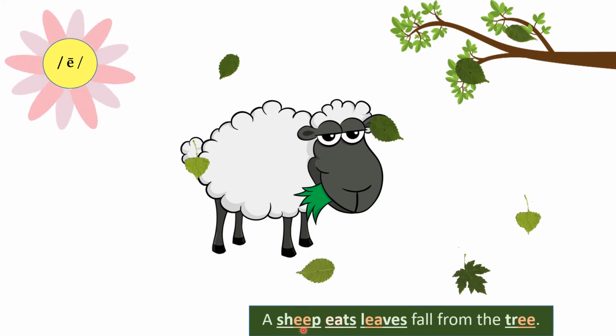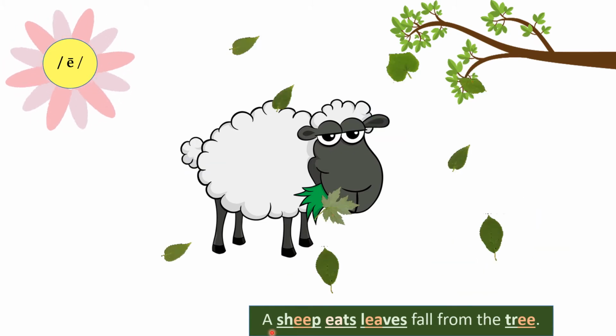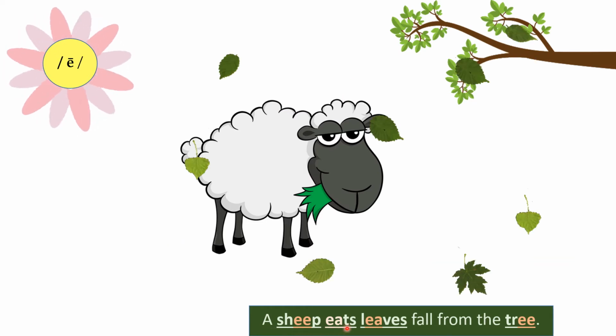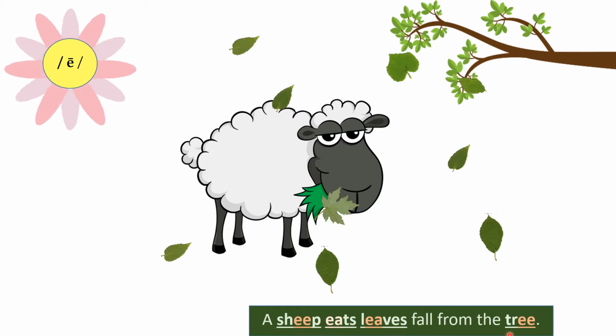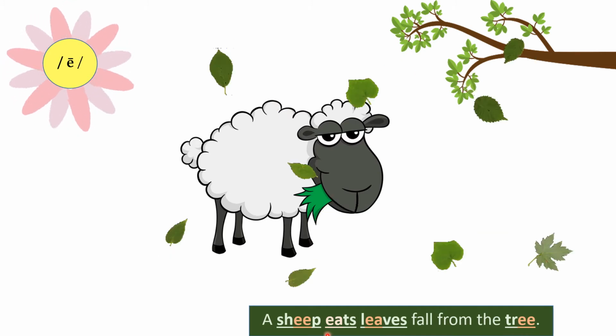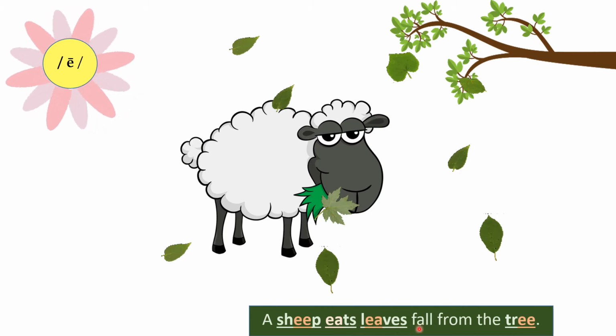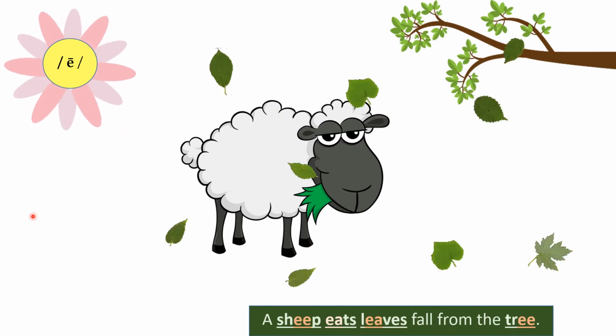Now, the long E can be heard in the words like sheep, eats, leaves, tree. Now let's read the sentence. A sheep eats leaves fall from the tree.